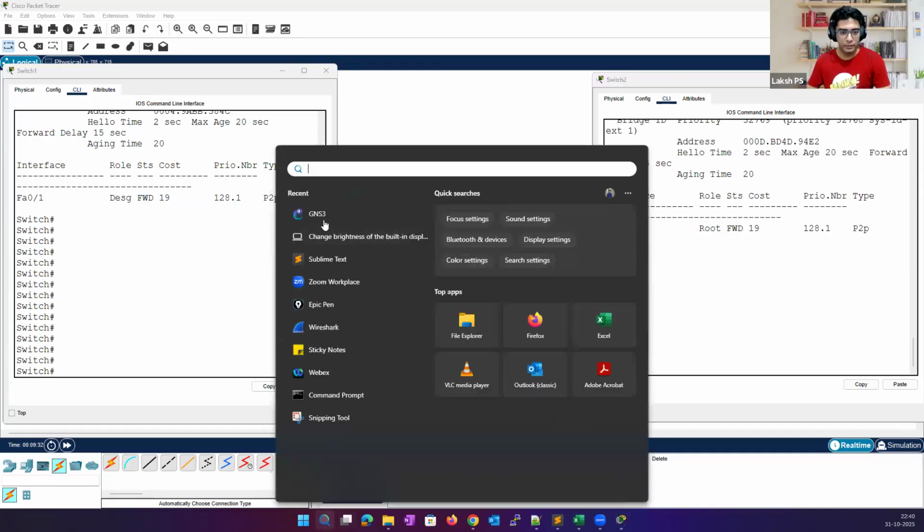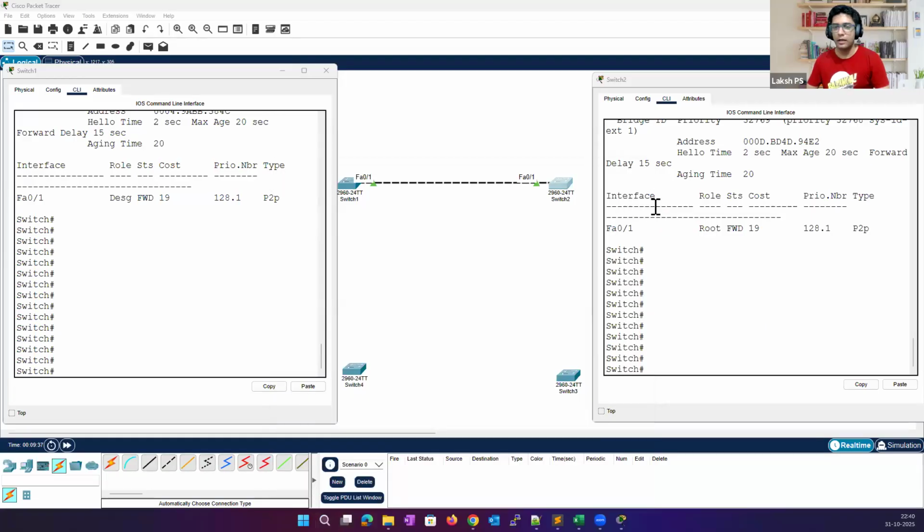So the confusion that you have is absolutely fine. But please remember, the output that you see in front of you is the information about the interface. It does not tell you what its cost is to reach the root switch.